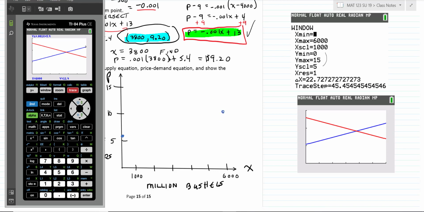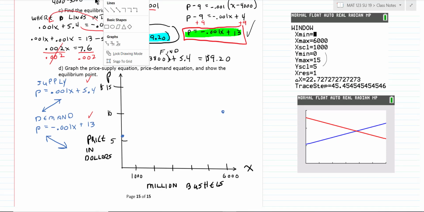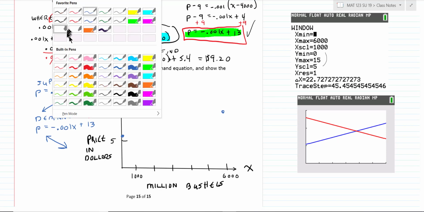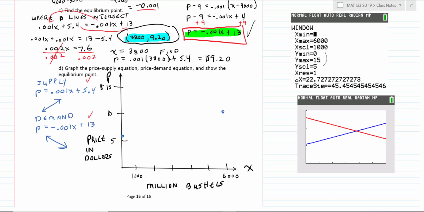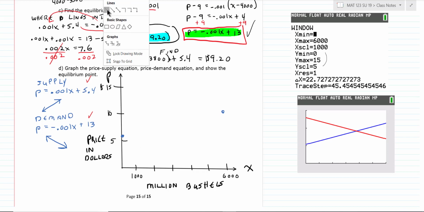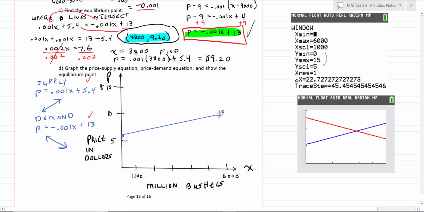Now that doesn't have to be perfect. And then we can connect the dots. I'm going to try to color code this. So I'll do this. Just connect the dots, and then I'm going to label that. And that line will go on continuously. So that is the supply line. That goes like that. Okay.